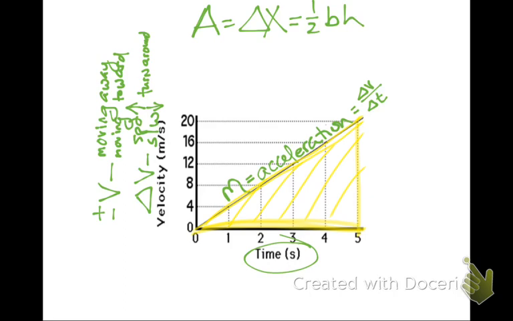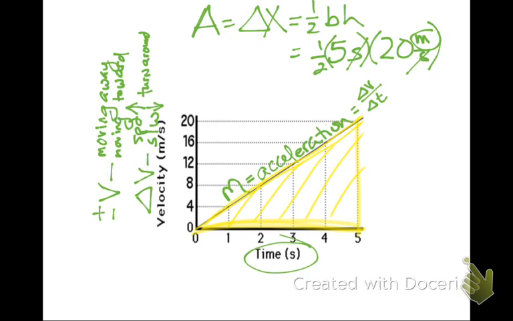Equals 1/2, our base is 5 seconds. Watch what happens with the units. That's the cool part. And our height is 20 meters per second. They cancel out, right? And what are we left with? Just meters.